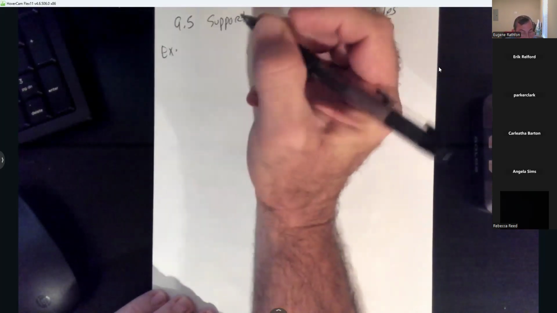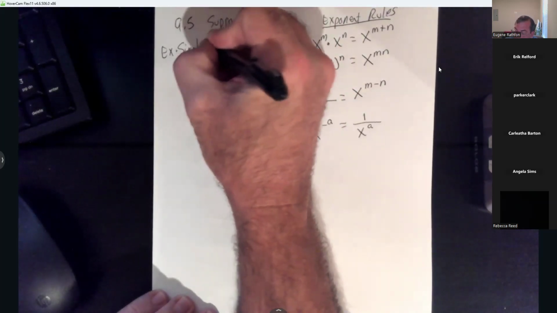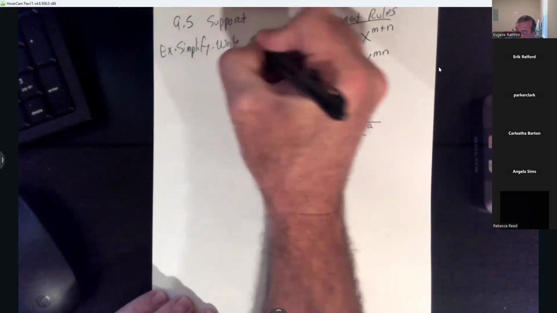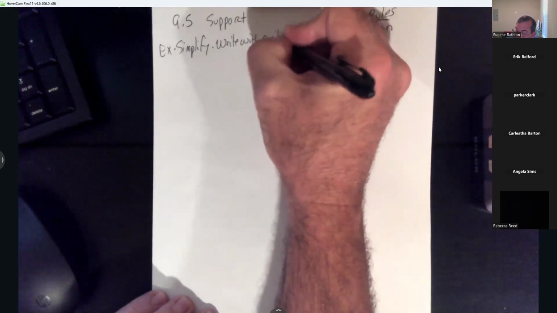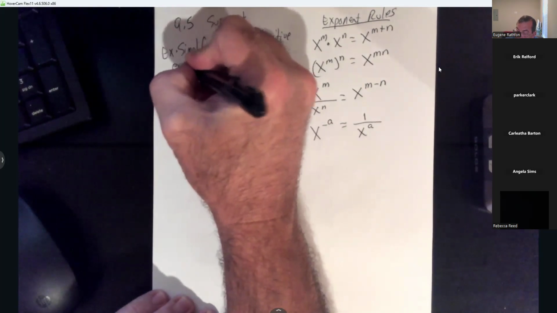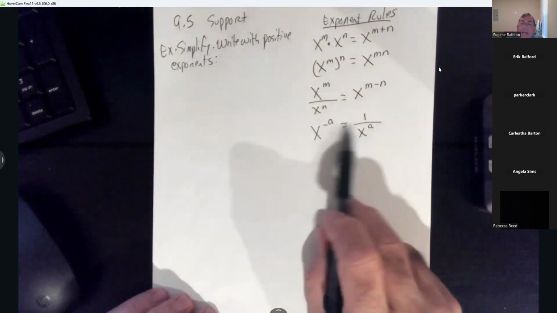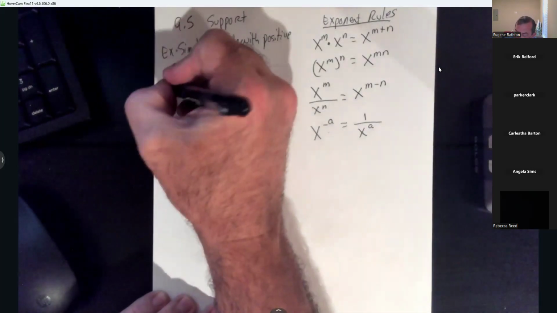These examples are going to say simplify and write with positive exponents. So if you end up with negative exponents, you've got to do this kind of stuff, okay? And y'all, there's only 5 of these.